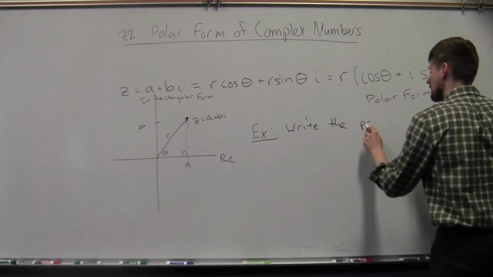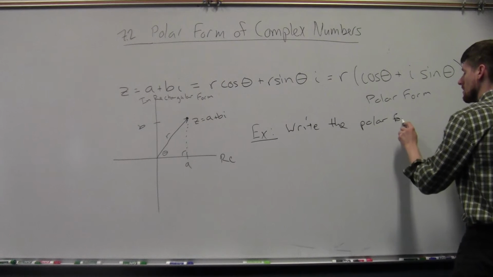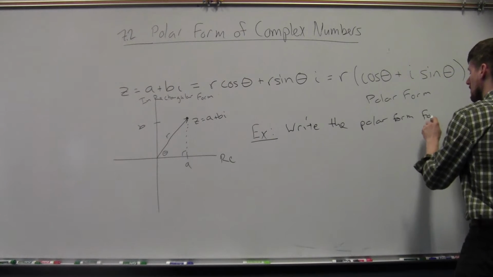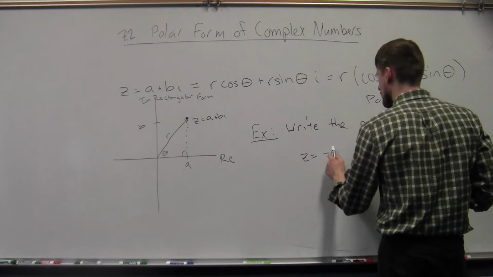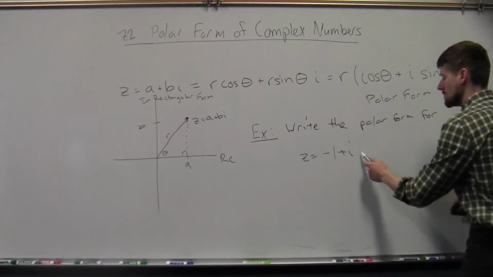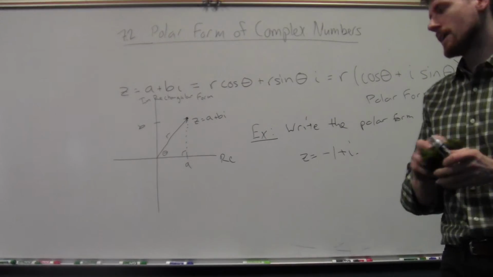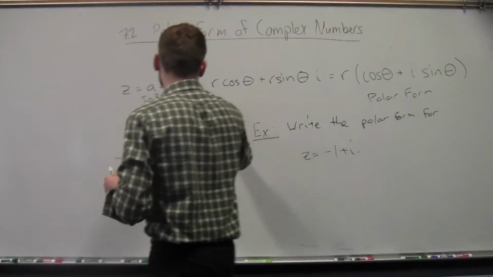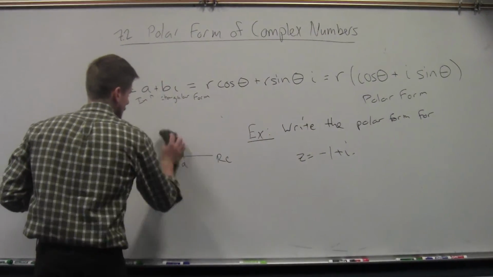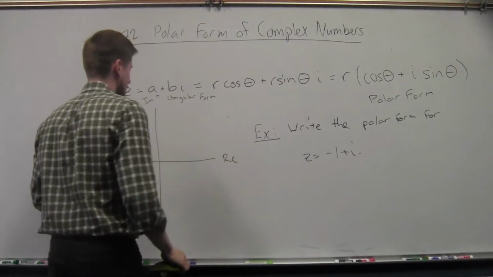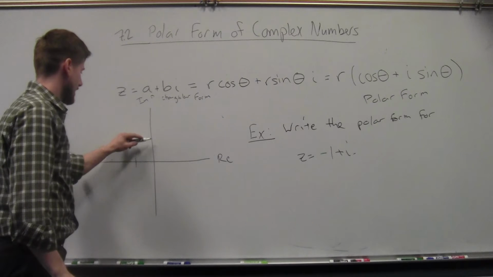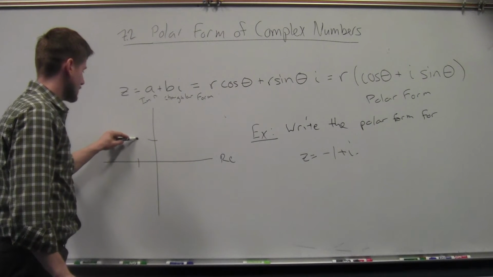The polar form for z equals, let's do -1 plus i. That seems to be a pretty simple one. Okay, so if we were to plot it, let's plot it over here. -1 and +1, so that's right here.